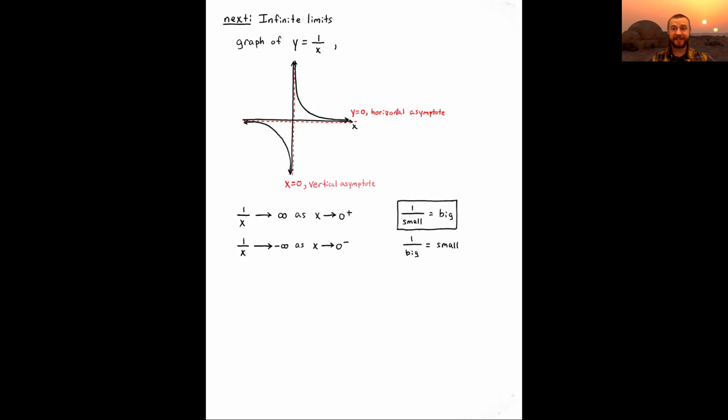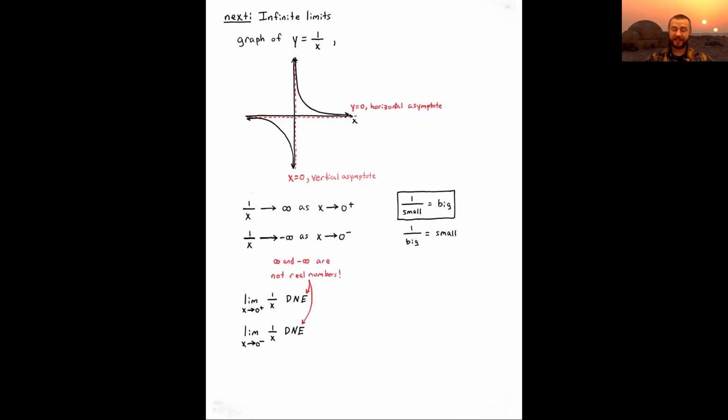Infinity is not a real number. It's not a number. It's a useful mathematical concept. So here, since the function is approaching something that's not a real number, technically, we say these limits for 1 over x, as x approaches 0 from the right or left, those limits do not exist.